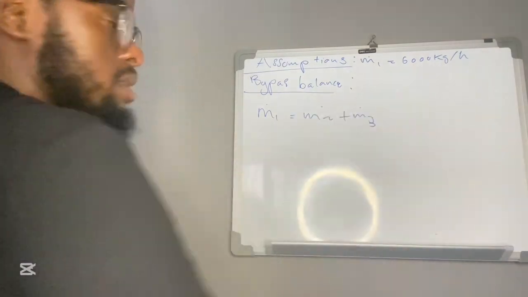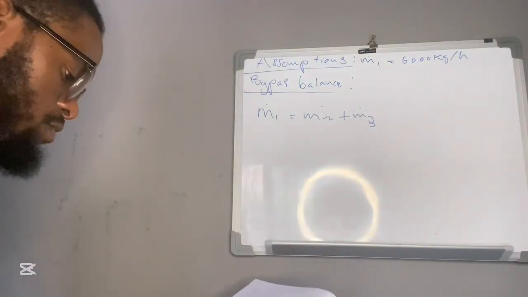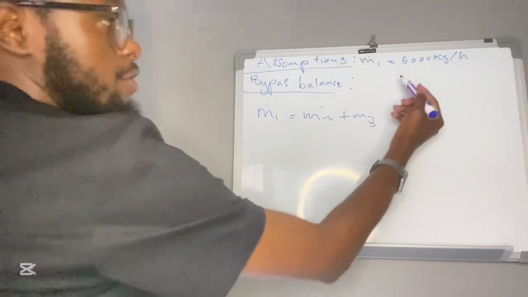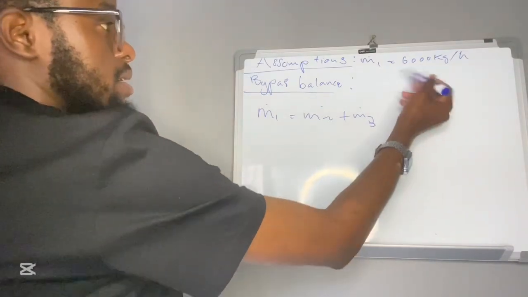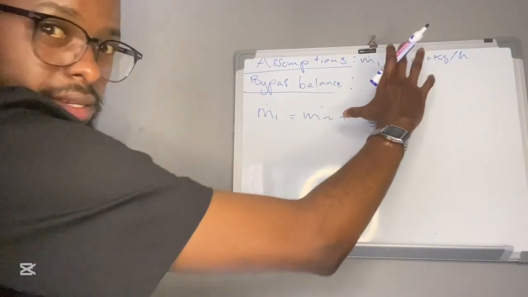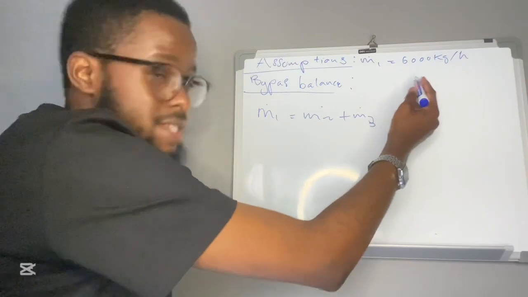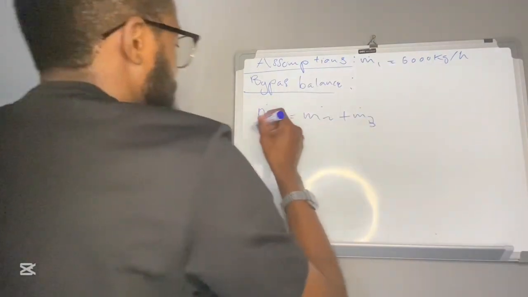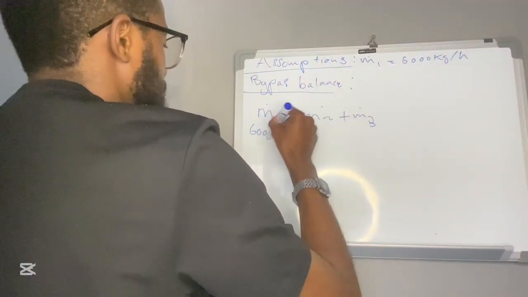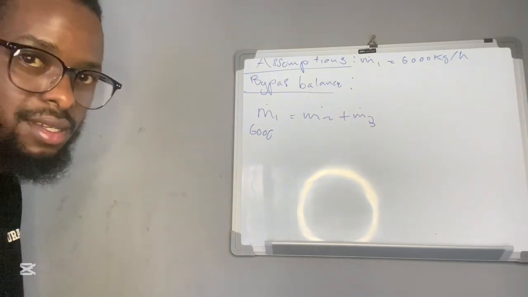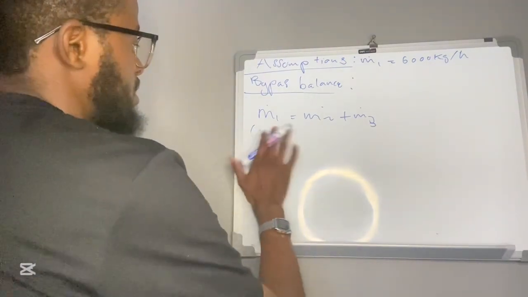So now I've already been told that this coming from a plant arrives at 6,000 kilograms per hour.